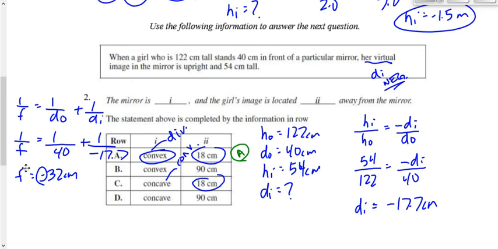This is a smaller image, so the only way to get a smaller virtual upright image is to have a diverging mirror. A converging mirror cannot produce a virtual smaller image. It can produce a real smaller image, but not a virtual smaller image. So the answer has to be A, whether you do it mathematically or via ray diagrams, whatever works for you.